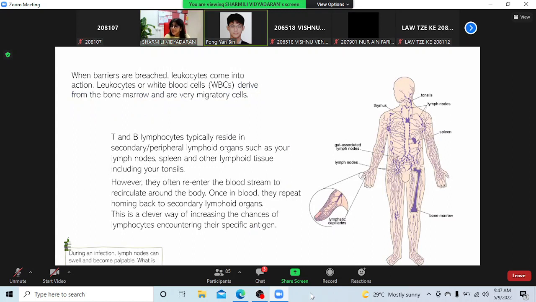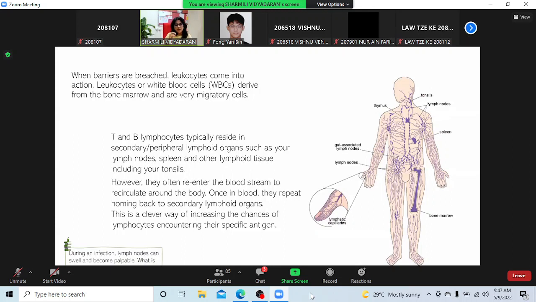So, doctor, is the microbiota in the gut considered a barrier? Because in the picture previously, it was mentioned together with other barriers. Yes, this is something nice to know. If you were to learn about microbiota in a different subject, the focus could be on how it helps with digestion. But everything can have multiple roles.